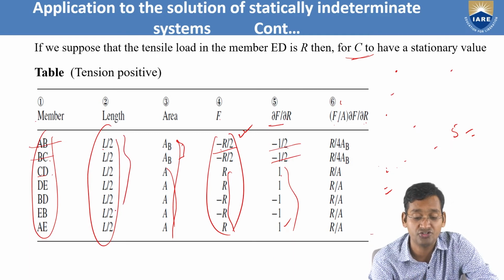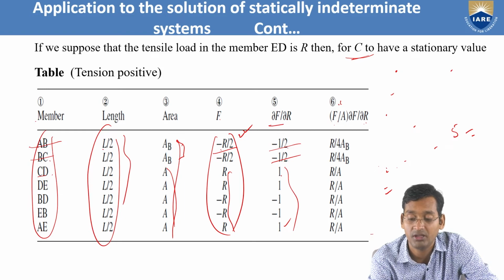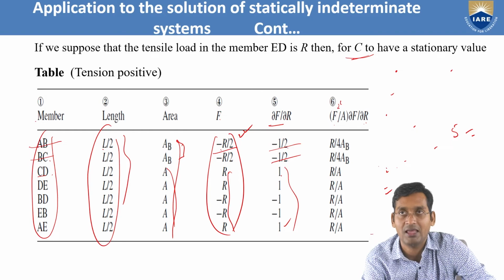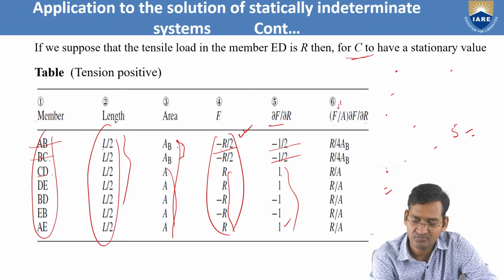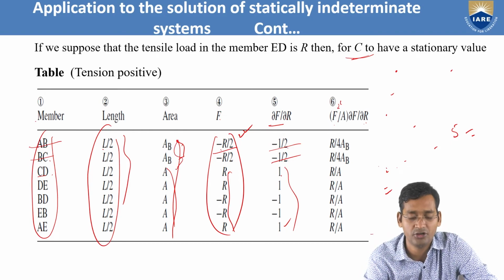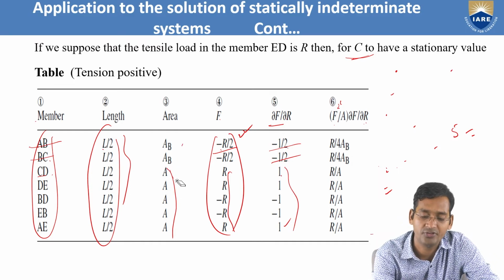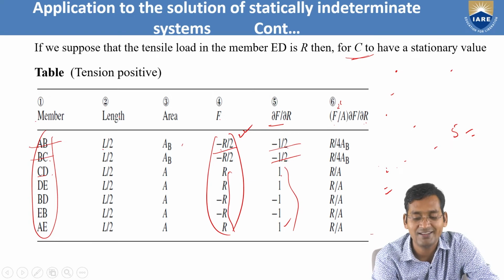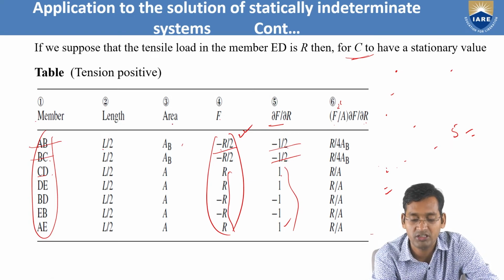Otherwise, if L is not constant in the given question, then you have to multiply FL by A, that is Fi Li by AI. But for these two only, A is different. For these four, A is the same. So now no need to multiply, just L. We can take L by E common directly. So just multiply this and this one.